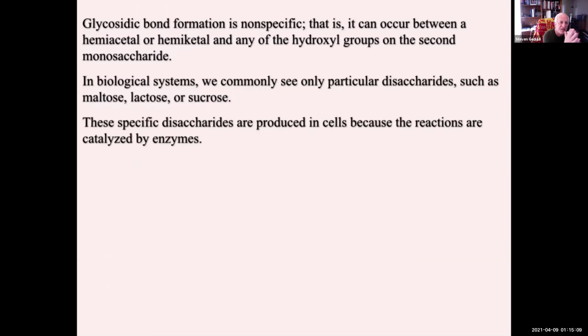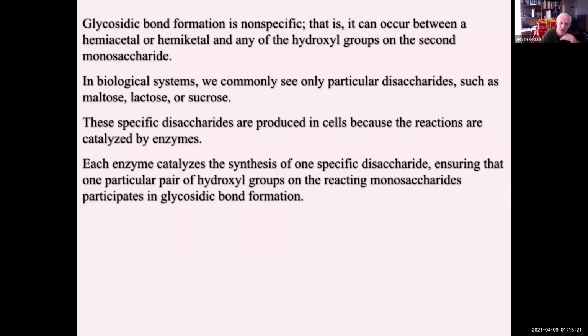These specific disaccharides are produced in cells because the reactions are catalyzed by enzymes. And enzymes are very specific in where they bond things, because they bond by shape. Each enzyme catalyzes the synthesis of one specific type of disaccharide.